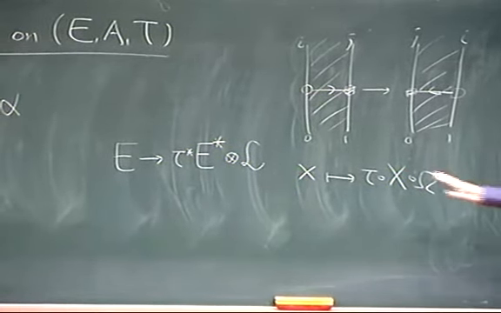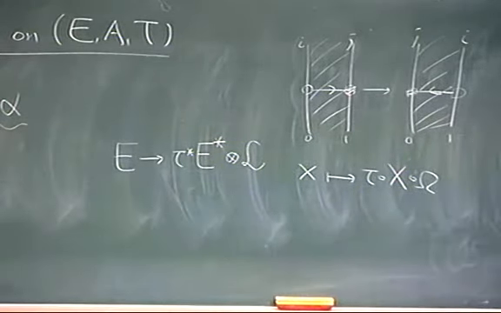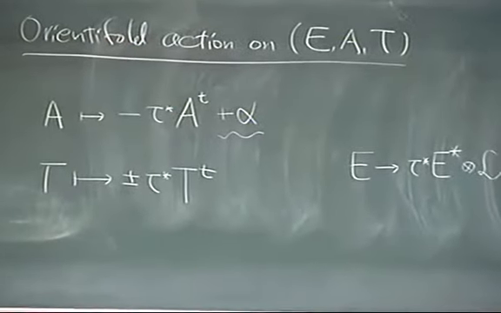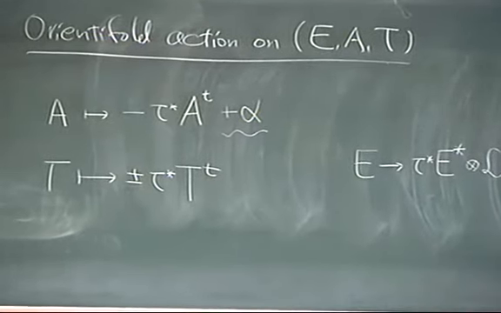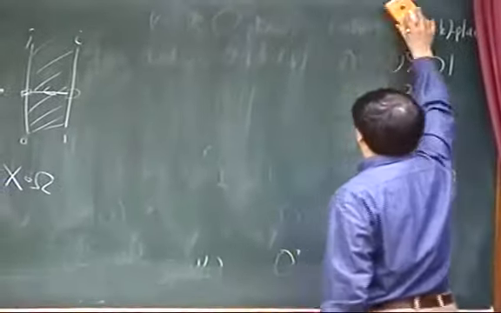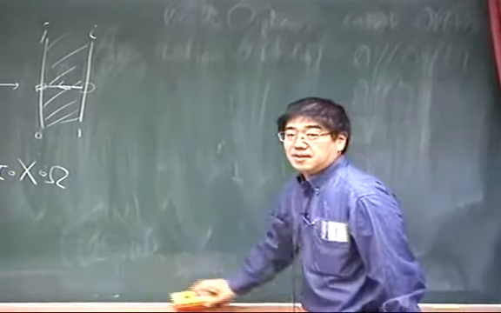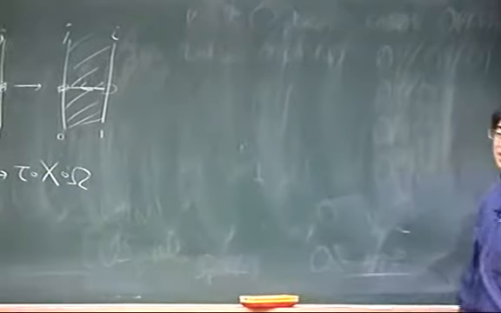Let me explain why you need to do this in some cases. Actually, you have to choose some line bundle with a connection, and this alpha is related to the B field. It doesn't have to be flat. It depends on the B field.